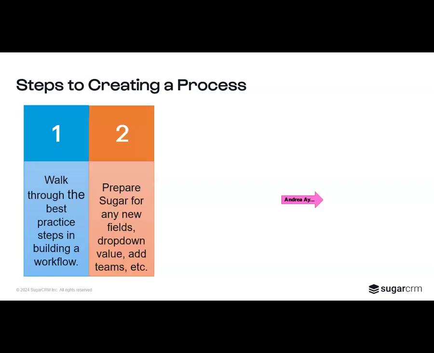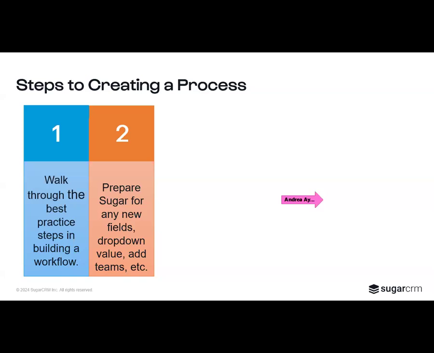And then we need to prepare Sugar, okay? Now, sometimes when you get to this point, you're drawing out your workflow, you're talking to someone, they're like, okay, so we need to have a territory field. So in Sugar, there's no territory field. There's no region field. Now we do have a drop down for countries and a drop down for states in the US, but they could be connected to anything, any fields you want to add in, but we don't have those fields in.